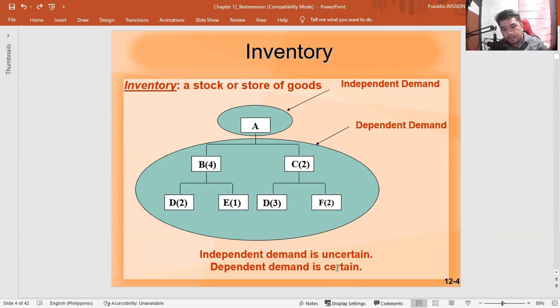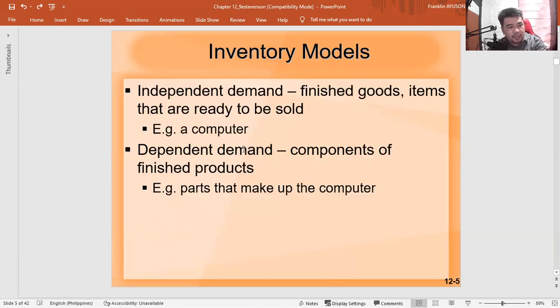When you say independent demand, these are finished goods, items that are ready to be sold. For example, computers, cell phones, television, so inventory of finished good items.